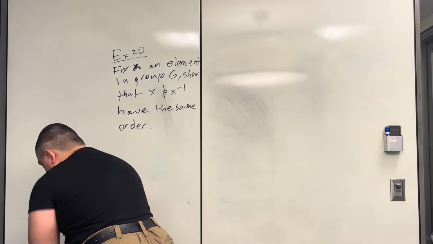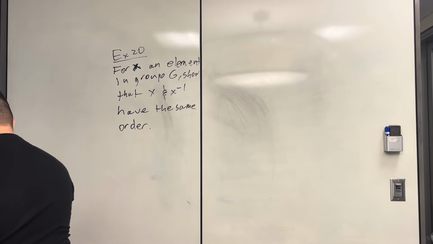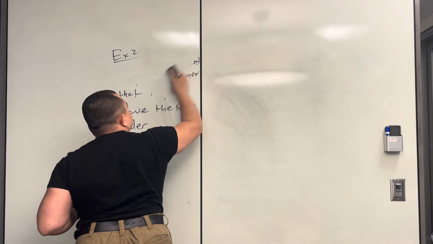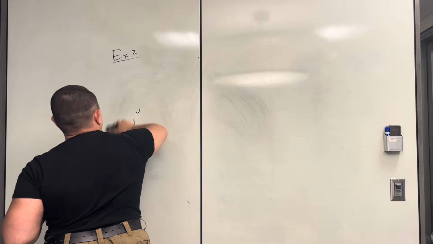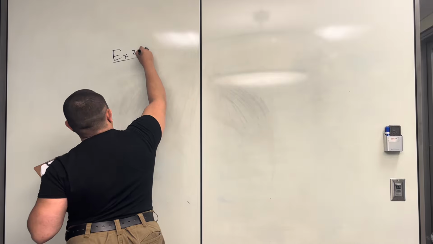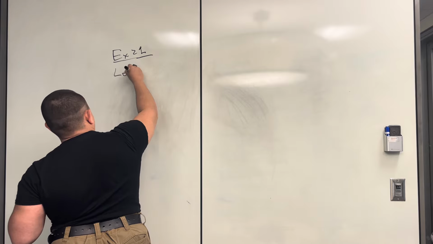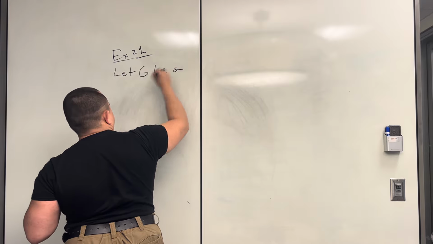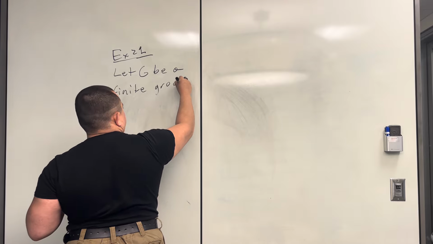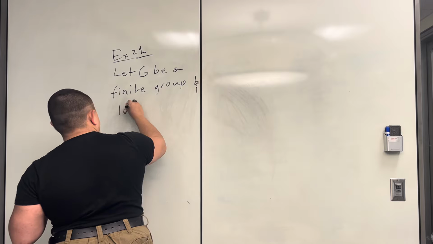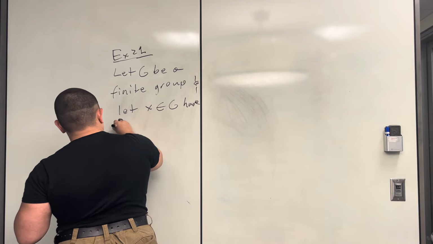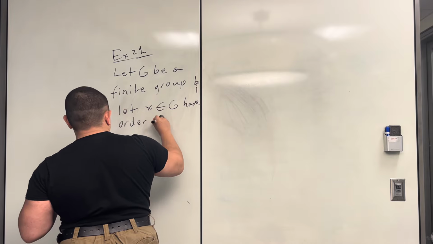Okay, so for 21, that's different. For 21, let G be a finite group, and let x be an element of G of order n.